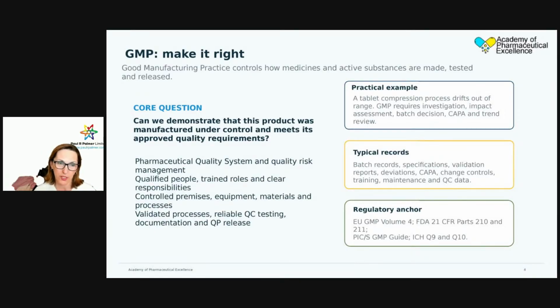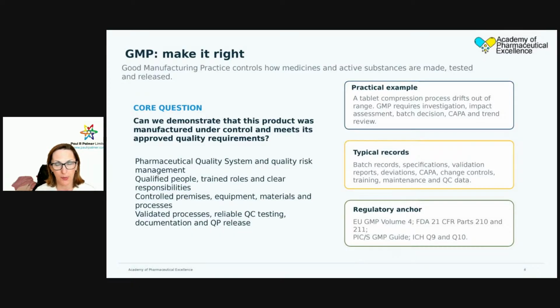And the core question behind GMP is, can we demonstrate that this product was manufactured under control and meets the approved quality requirements? And the word demonstrate is very important here, because GMP is not just about doing the right thing. It's about being able to show through reliable records that the right thing was done.